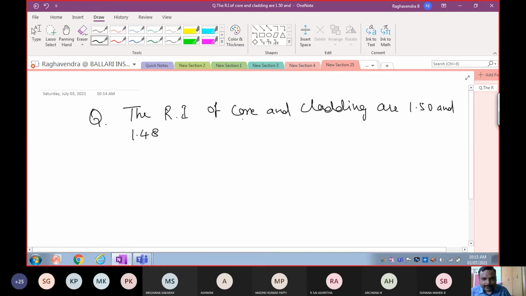Why? The refractive index doesn't have any units. Why? Sir, because the units will be cancelled, sir. That is why. Okay. So the refractive index of core is 1.50. The refractive index of cladding is 1.48 respectively.